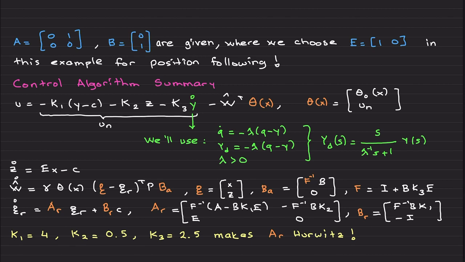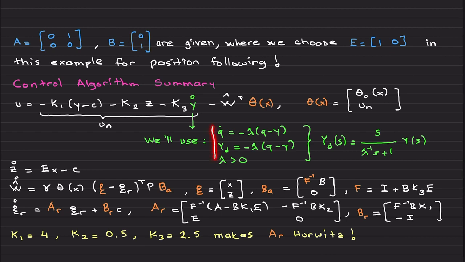For example, instead of using Y dot, we are going to use this filtered derivative YD or YFD, you can name it, which is Y dot, right, in Laplace domain, YS means Y dot in the time domain. And this Y dot is filtered through this 1 over lambda inverse S plus 1 low pass filter. So this is the low pass filtered Y dot.